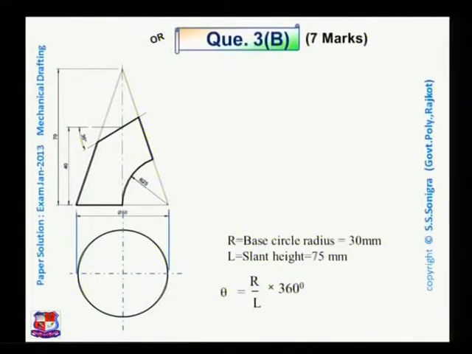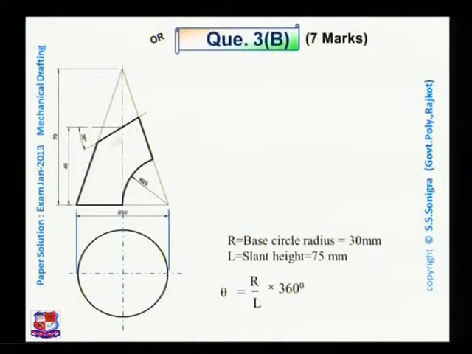One is the base circle radius, that is given as 25 mm, and L, that is the length of this slant edge or slant height, not the height of this solid. Height of the solid is 70 mm, but the slant height would be somewhat higher than 70.